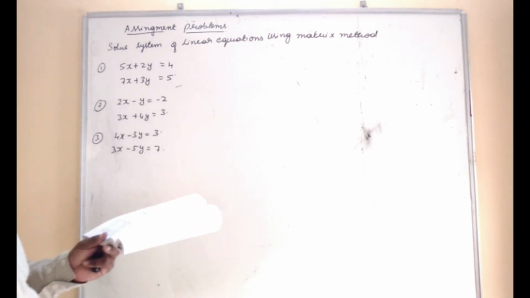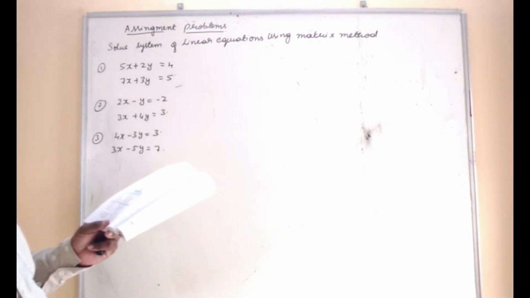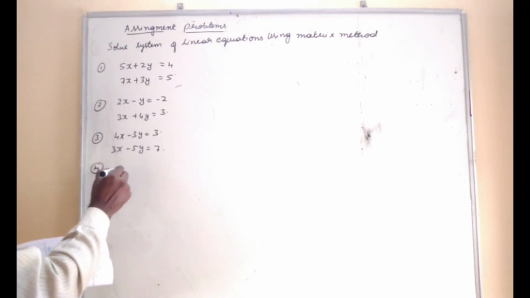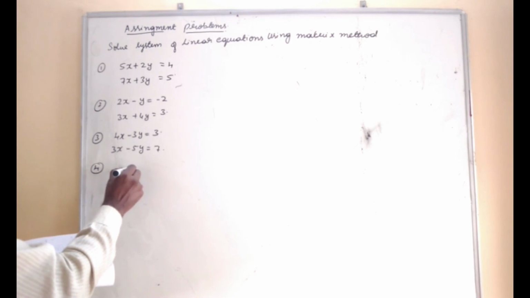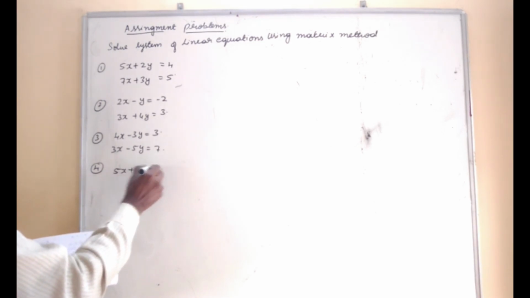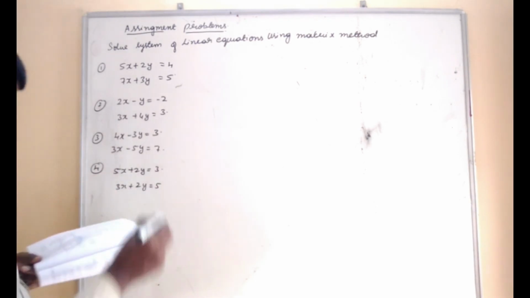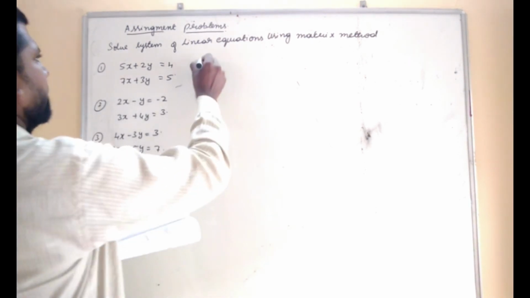So these are the three problems on order 2. Next, the fourth problem is on order 2 only: 5x plus 2y is equal to 3, then 3x plus 2y is equal to 5.